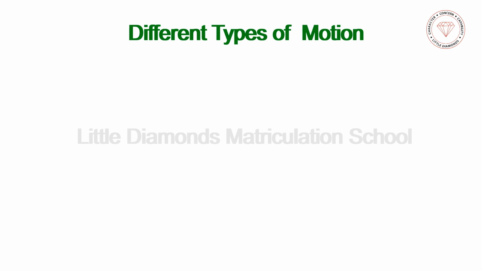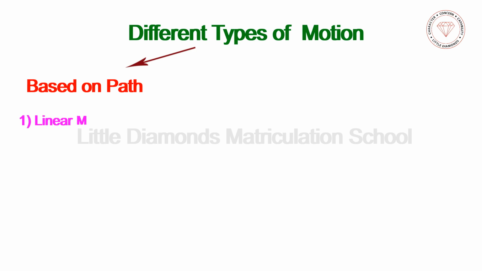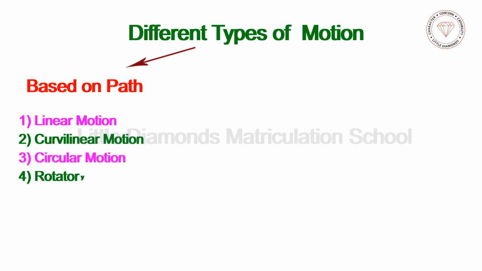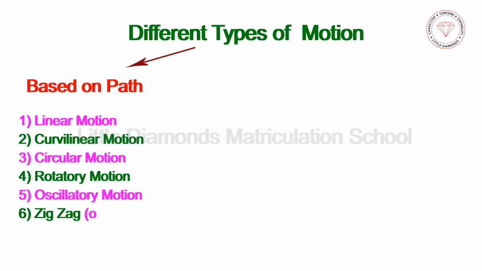The different types of motion based on path of the moving body are number 1, linear motion, number 2, curvilinear motion, number 3, circular motion, 4, rotatory motion, 5, oscillatory motion, 6, zigzag or irregular or random motion.